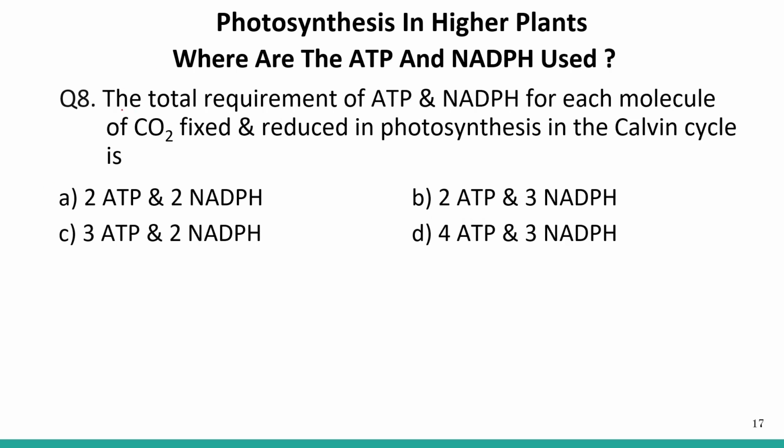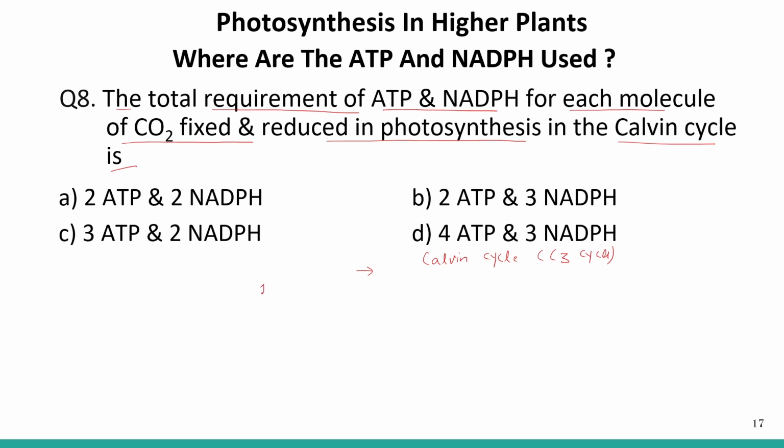Now let's talk about the next question, which is the total requirement of ATP and NADPH for each molecule of carbon dioxide fixed and reduced in photosynthesis in the Kelvin cycle. Again, the Kelvin cycle, also known as the C3 cycle.